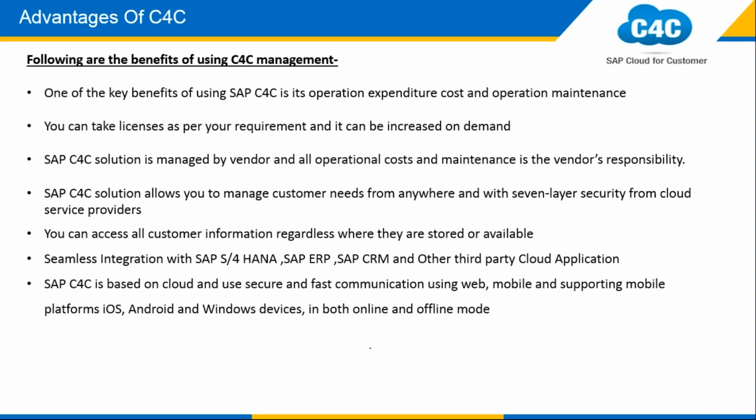Now, what does the online and offline feature mean? For example, when you open an on-premise system, assume it's a CRM system, an ECC system or an S/4HANA on-premise system, and you create a lead or a sales order, you suddenly enter around 50 fields.